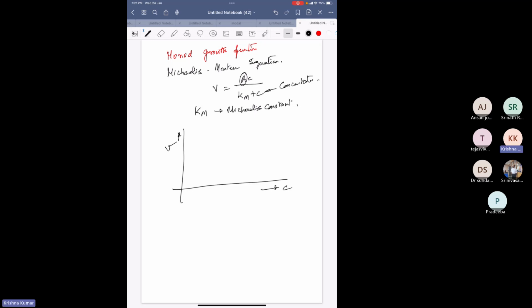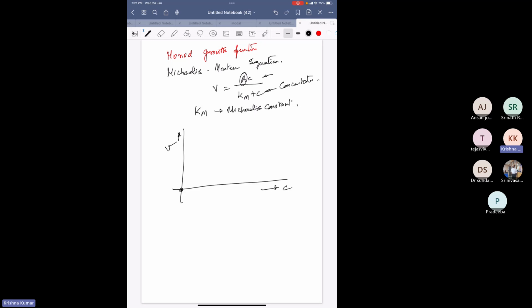In order to understand it, let us say that the concentration is 0. Then obviously V is equal to 0. If I substitute 0 here, it will become 0. Now, the next step, I keep on increasing this concentration.